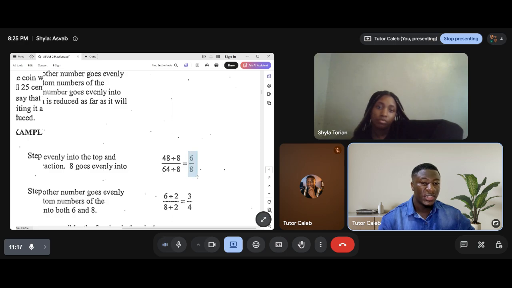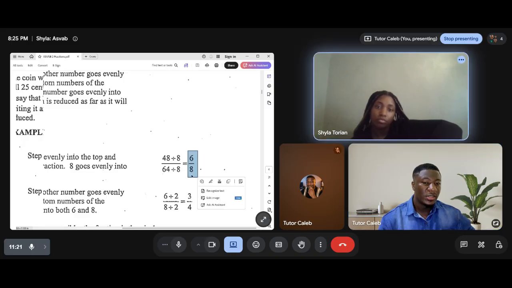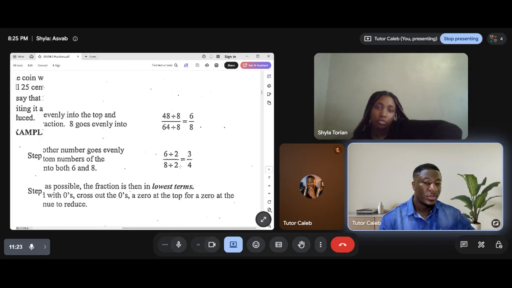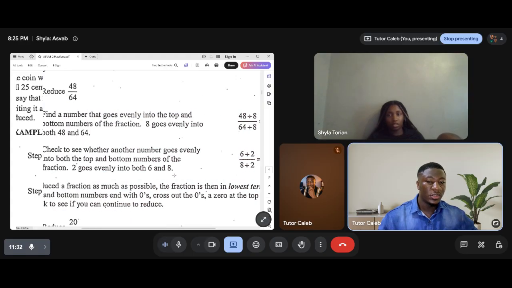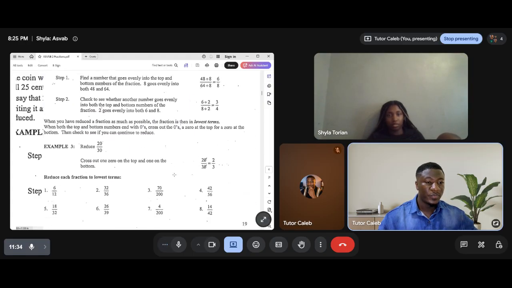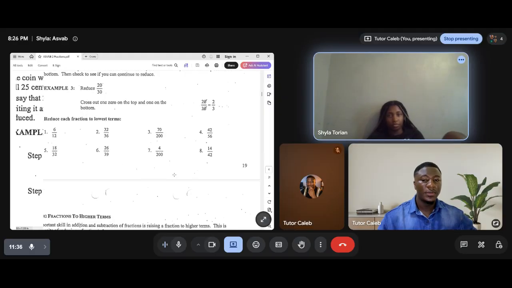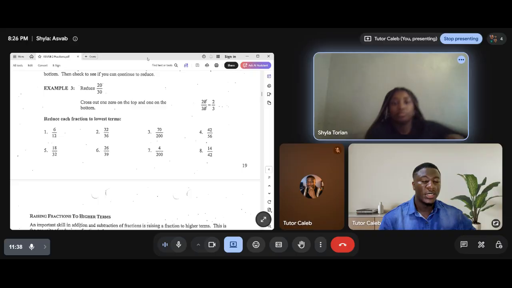But 6 and 8 still have something in common. They have 2 in common. So you divide again to reduce it further. So you have 3 over 4. I'm sure this reduction makes sense to you. Yes. Let's try. Exercise.